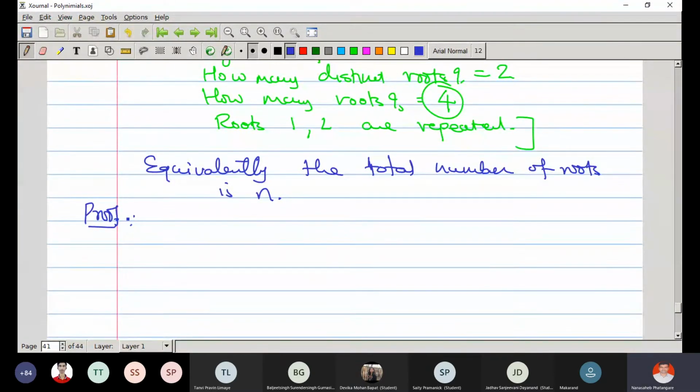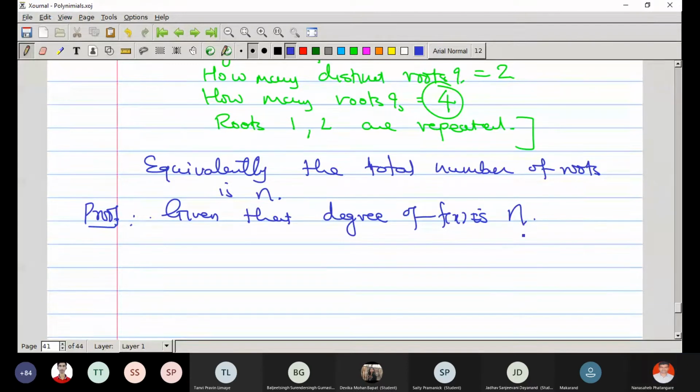Now, what is a proof? Suppose f(x) has, what is given? First of all, it is given that the degree of f(x) is n, suppose 5 or whatever number you say.